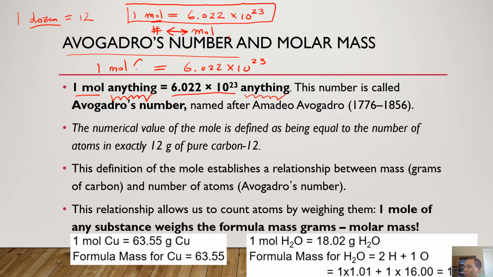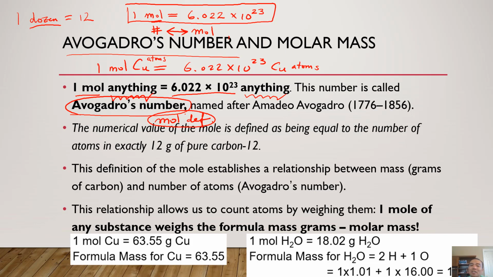For example, 1 mole of copper atoms will be this 6.022 times 10 raised to 23 number of copper. Sometimes we specify copper atoms, but you don't have to write it. If you do, it's still correct. We just want to specify that copper is copper atoms. That's the first new relationship, which is the mole definition. That number we call Avogadro's number.